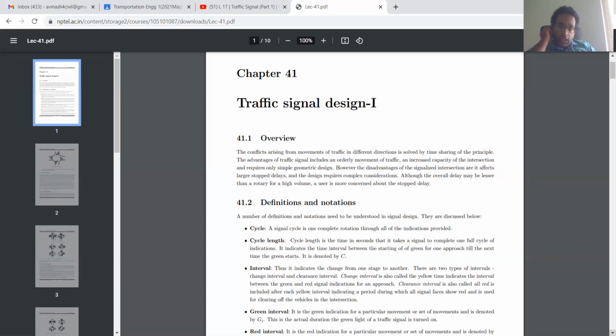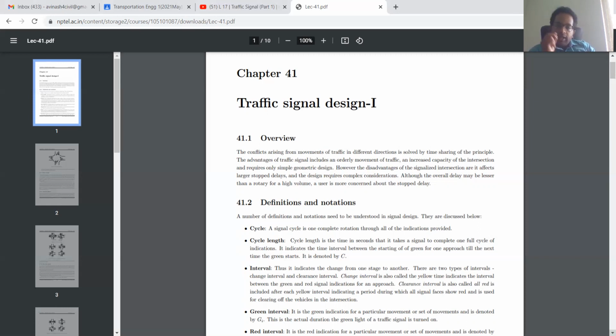So I told that there are two types of intervals: change interval and the clearance interval. Change interval means that after one green, before a red, there is one yellow indication, right? So this yellow will be indicating the interval between the green and red signal. That is the change interval.